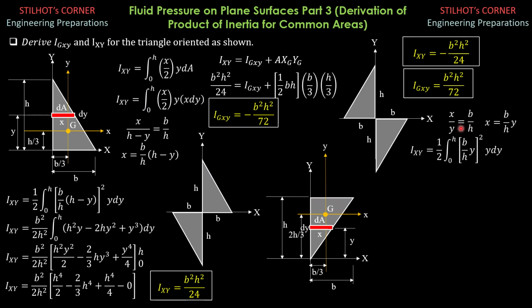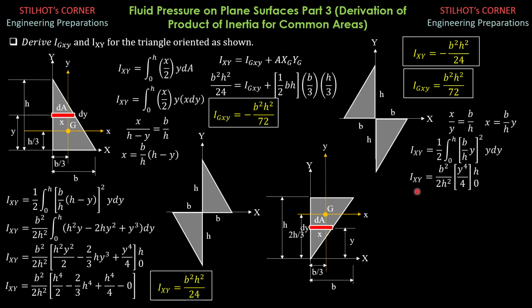Then this is now the value of x. In this orientation, the base is now uppermost, and integrating, this is b square over 2h square, integral of y cubed dy, which is y to the fourth over 4. So b square over 2h square, quantity y to the fourth over 4 from 0 to h.